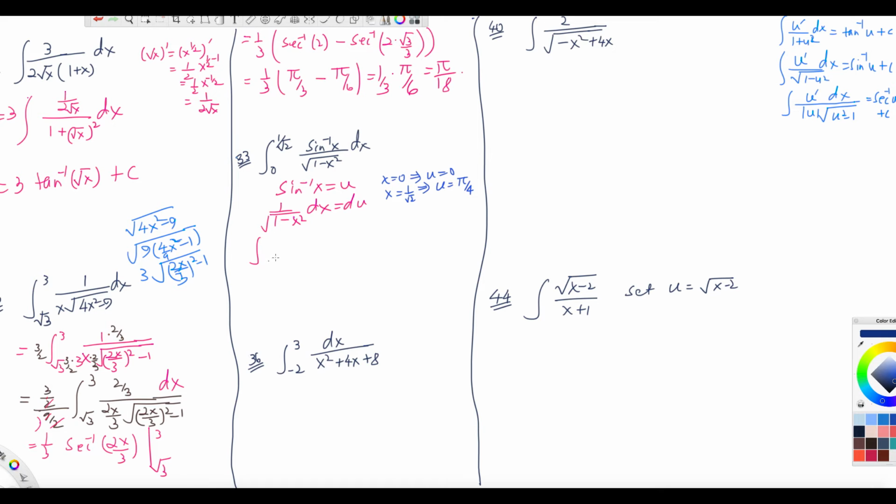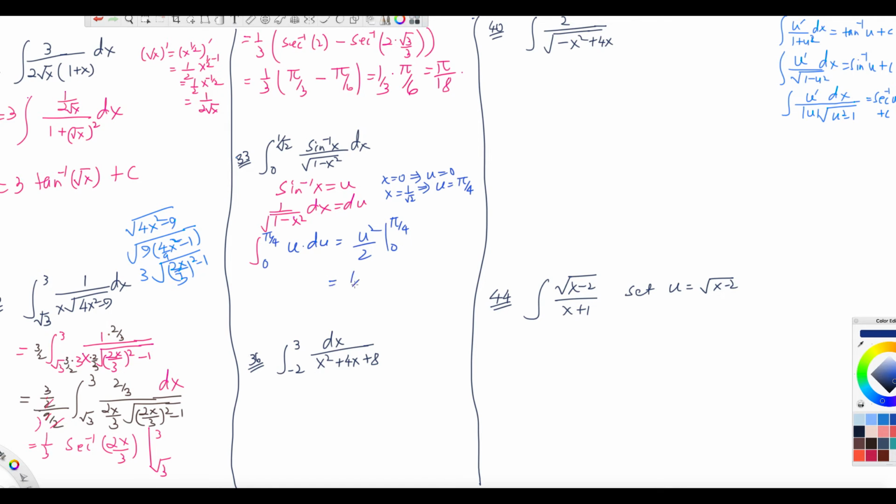So everything changed to u now, 0 to pi over 4, and then u, and then du, right? So that is u squared over 2, from 0 to pi over 4. If you don't change the limit, you can just plug the x values back in there, sine inverse x, and plug in those values.